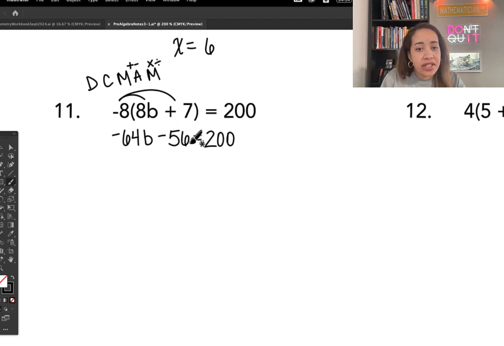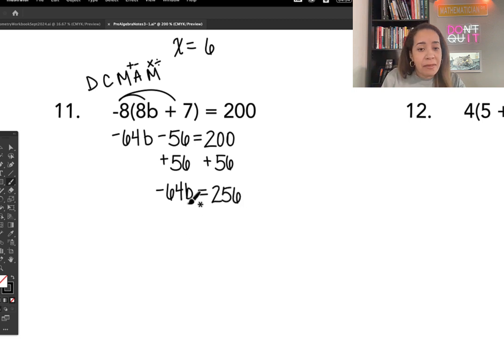So we cancel out the subtraction first by adding 56 to both sides of the equal sign. Now we have negative 64b here by itself on the left side, and on the right side, 200 plus 56 is 256.